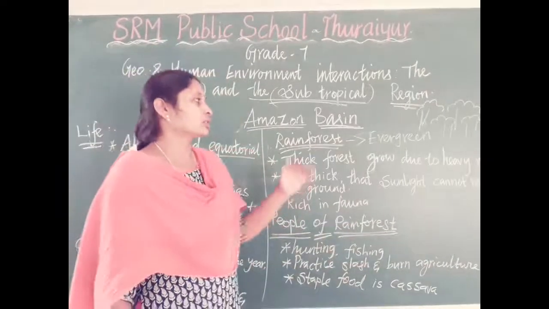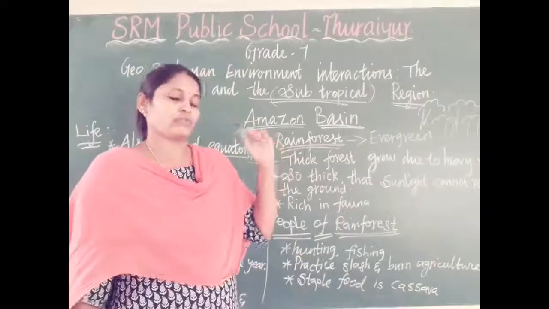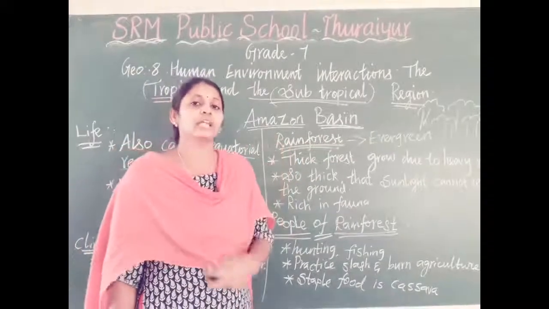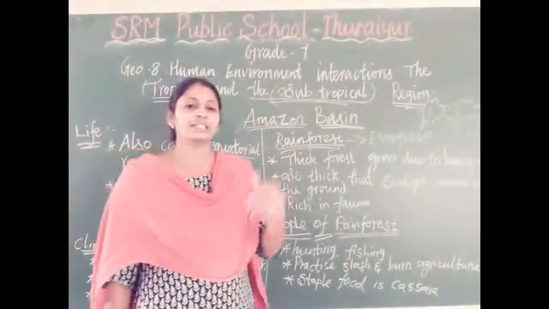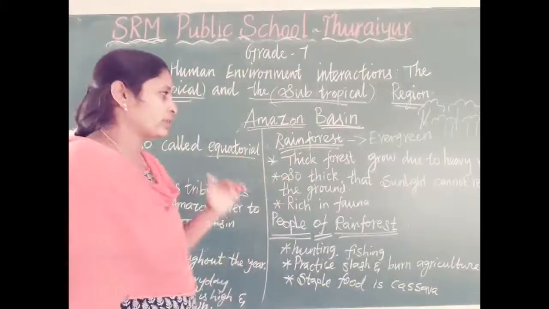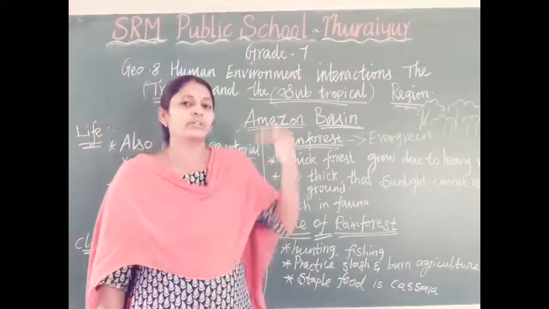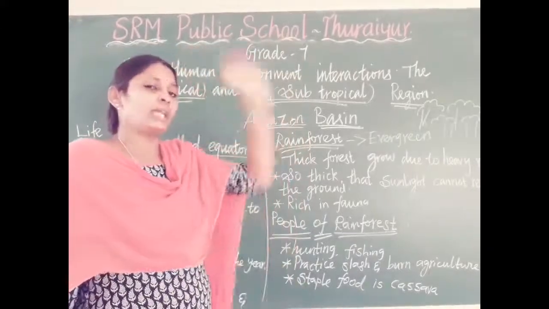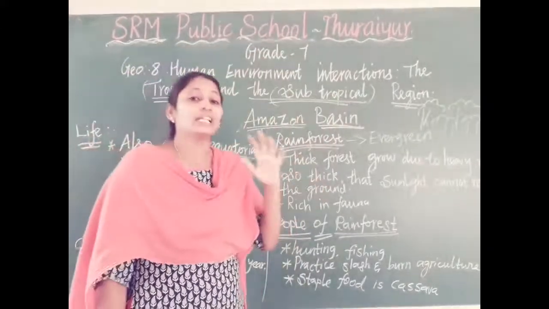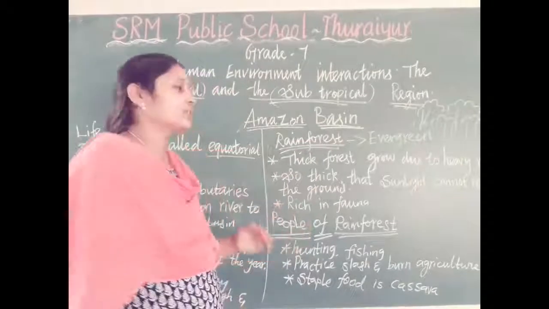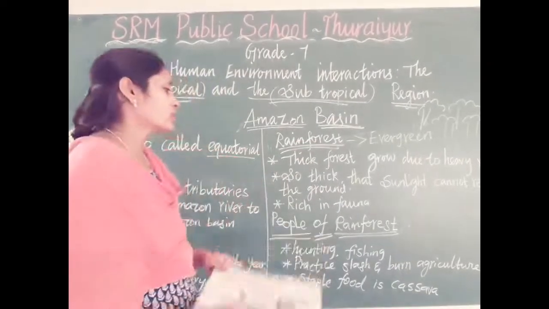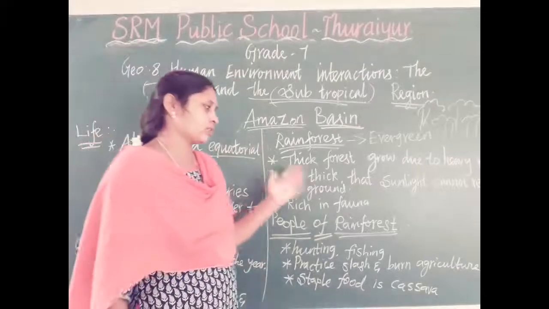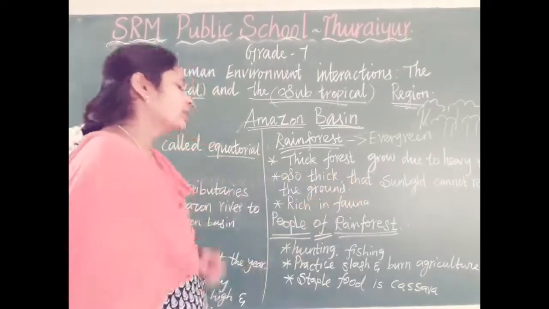That roof which the leaves create is called the canopy. We discussed the canopy in the previous lesson. So in the evergreen forest, the trees grow high with broad leaves, and those leaves create a roof-like structure called the canopy, which does not allow sunlight to reach the ground.